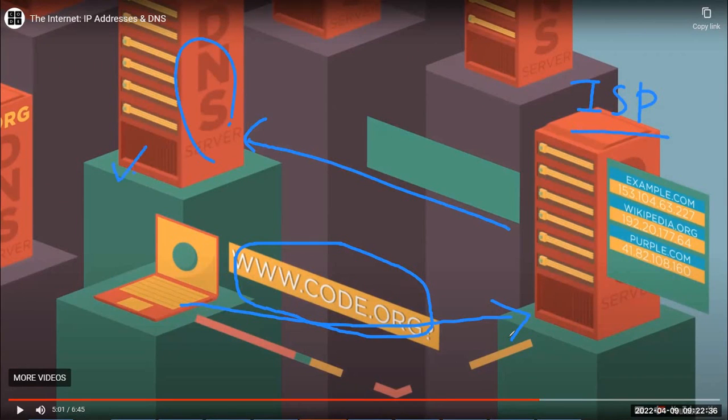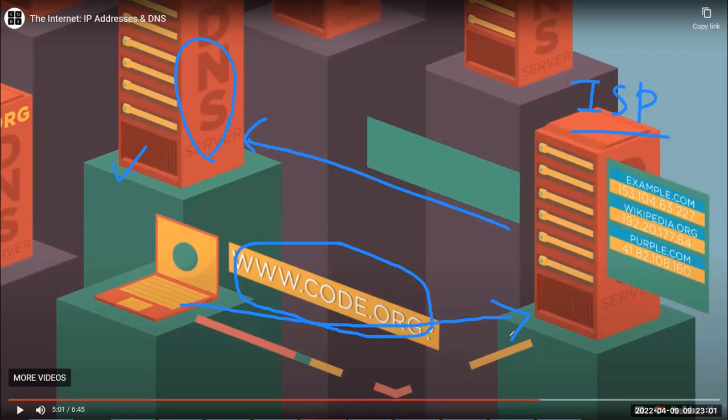Later we will have a separate video to look at this portion. Basically, it has to ask different domain name servers. But the domain name server is not one computer. The whole internet is effectively a domain name server. It is distributed, everywhere, all over the world, providing a service.